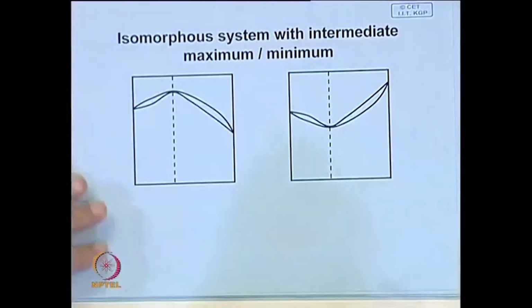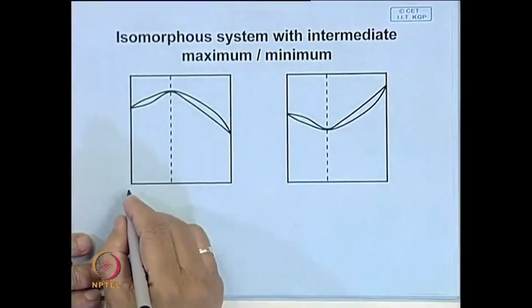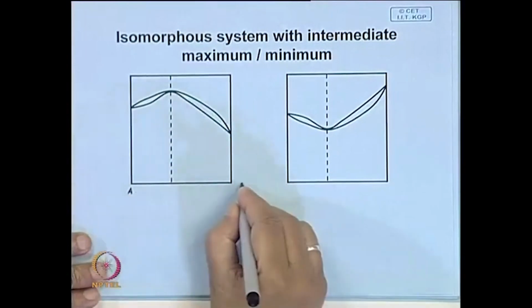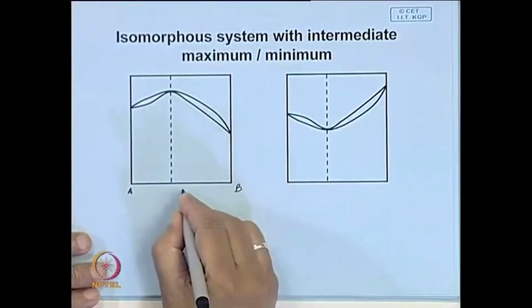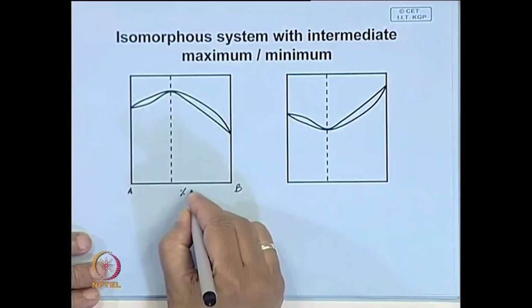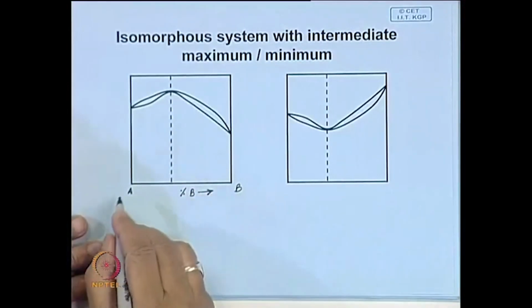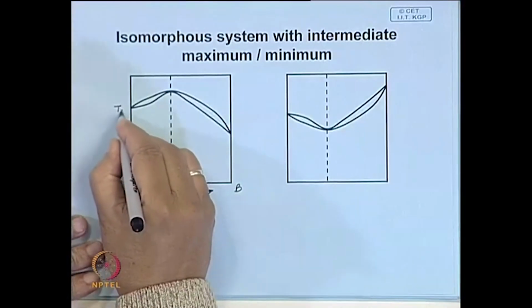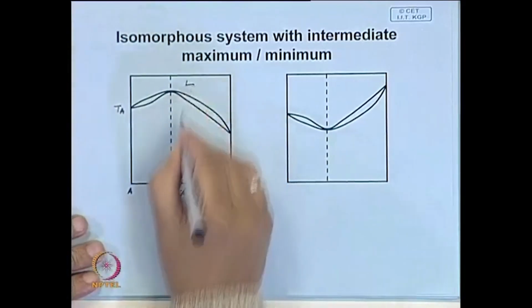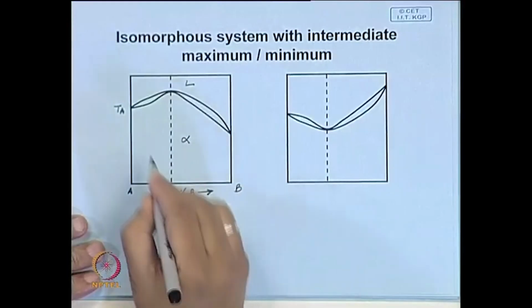Suppose this is pure A, this is B, with weight percentage B plotted along this axis. This is the melting point of A, here it is liquid, and here it is alpha.